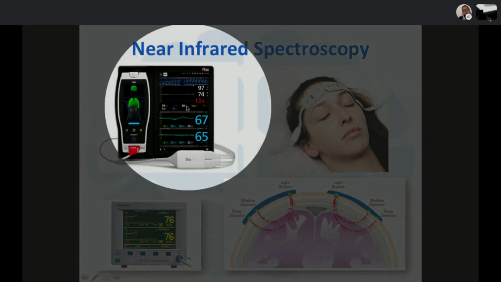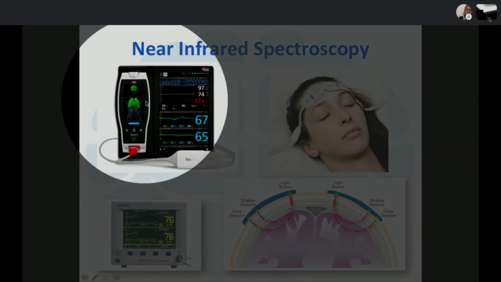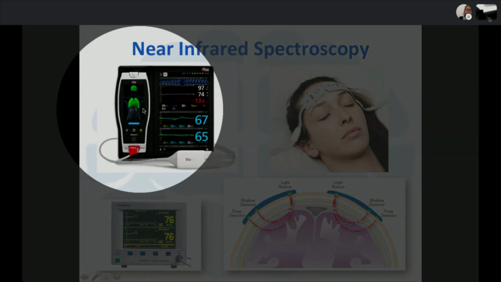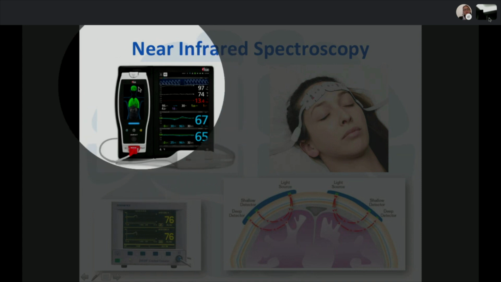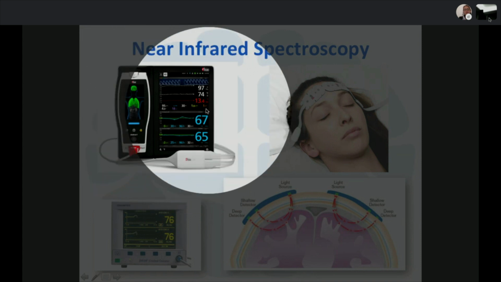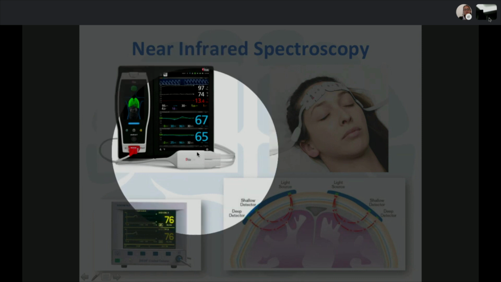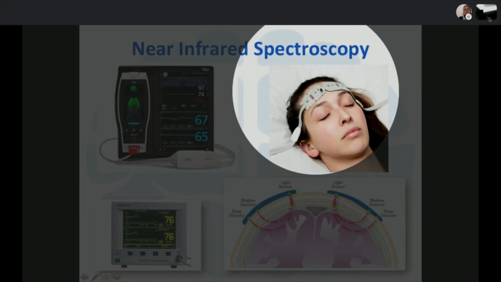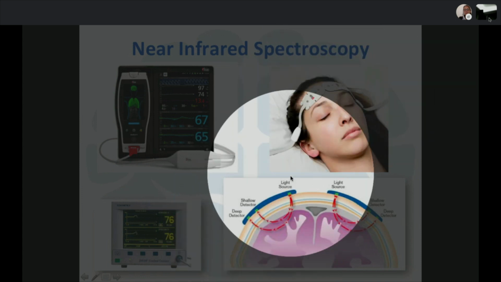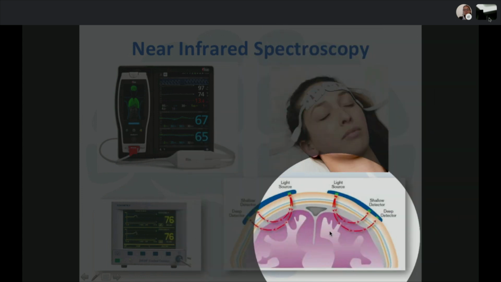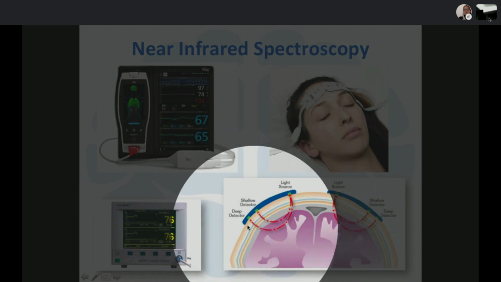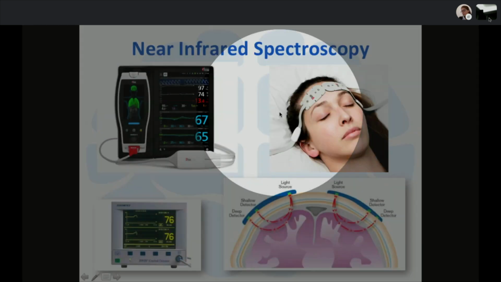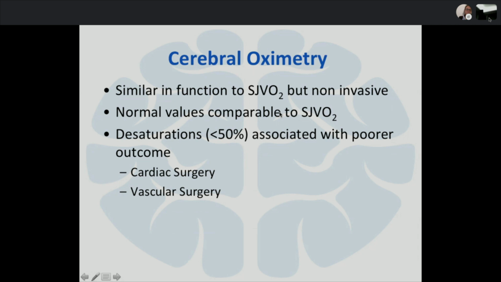But in general conditions, this is the machine which we are going to use this afternoon, and which is able to give us real-time information bilaterally, right or left. This is the position of the probes. This is what we can detect at this time. So two light sources and two detectors for each side. Similar in function to the SJVO2, it's not invasive.